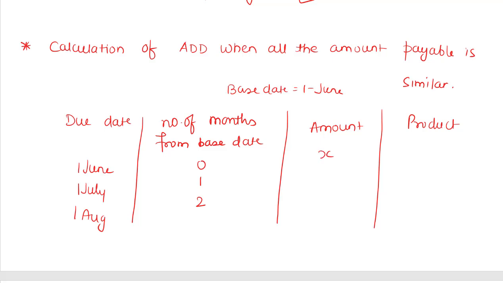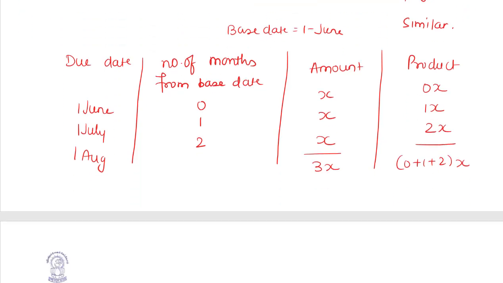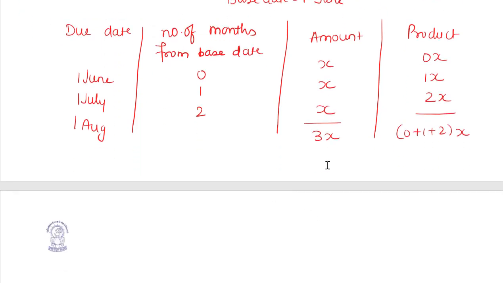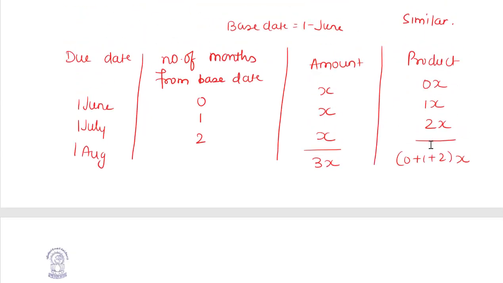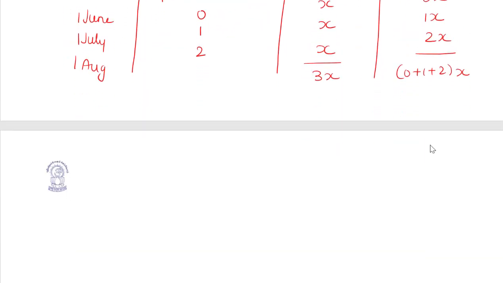Amount is similar, say the same, that is x, x, x. Total is 3x. Product is 0x, 1x, 2x. I believe you understood till here. How to calculate average date in these cases?